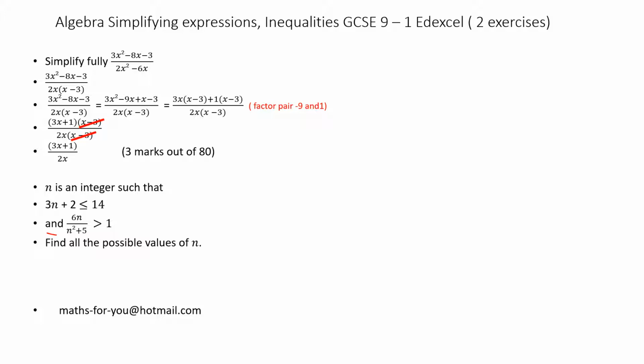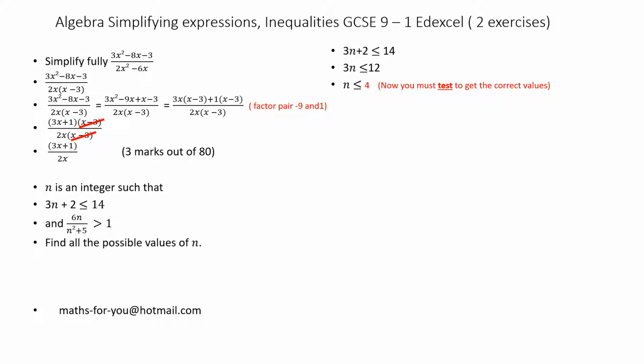So what I then do is this. 3n plus 2 is less than or equal to 14. If you subtract 2 from both sides, you end up with 3n is less than or equal to 12. If you then divide both sides by 3, you end up with n is less than or equal to 4. Now, I have to test this value for n on both inequalities.